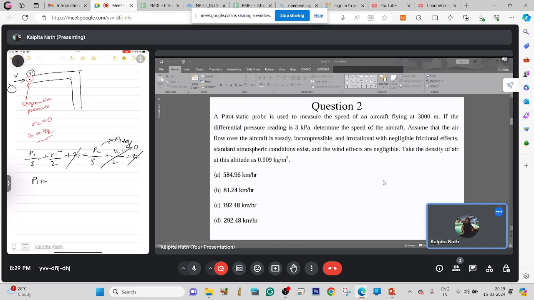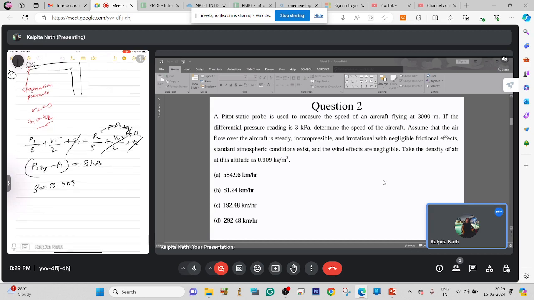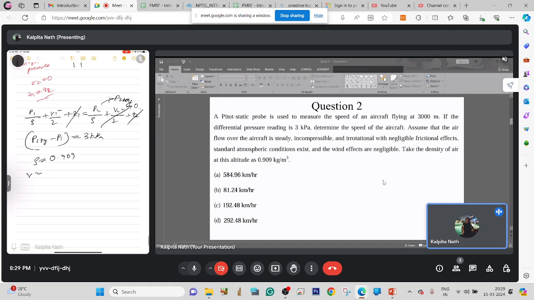So P stagnation minus P1 is equal to 3 kilopascal. It's given already. It's shown in the pitot tube meter, the differential pressure reading, and density is given as 0.909. So V1 square by 2 is equal to P stagnation minus P1 upon density. So V1 is equal to root over 2 times P stagnation minus P1 upon rho.